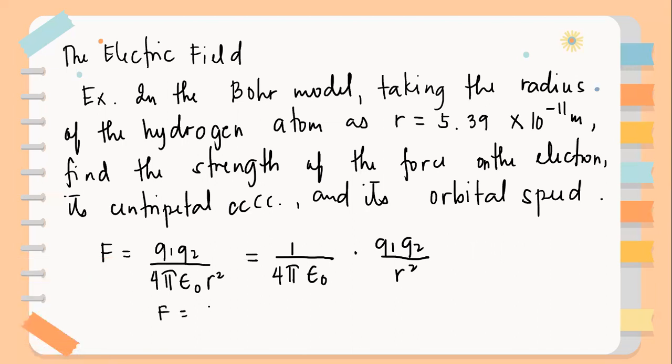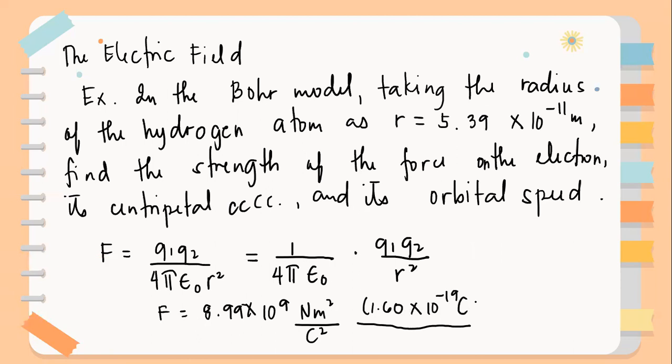F is equal to 8.99 times 10 to the 9 newton meter squared per coulomb squared times the charge of the electron, 1.60, we're going to use 3 significant figures, times 10 to the negative 19 coulomb squared over R, which is 5.39 times 10 to the negative 11 meter squared.